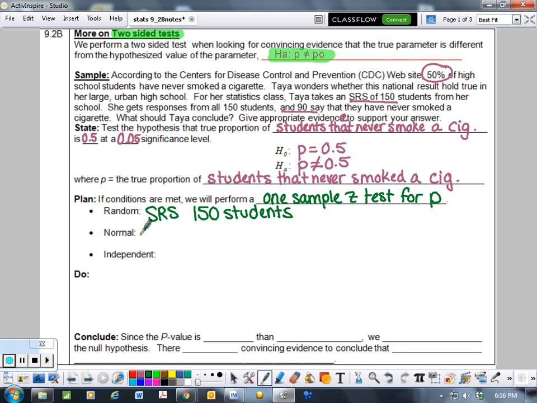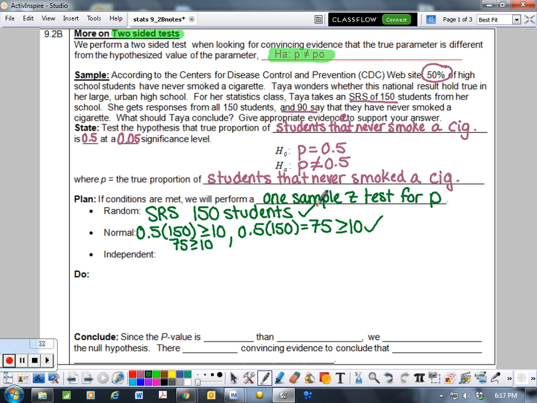Then we test that half of them is at least greater than 10, which is good because that's 75. So 75 is greater than or equal to 10. But we've got the failures, which is the exact same. But we still have to check it because we have to be thorough to show that we know what we're doing.